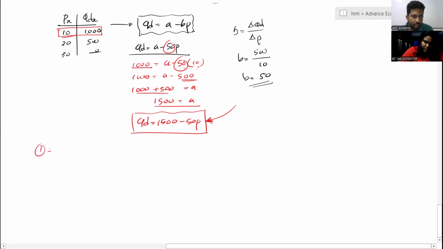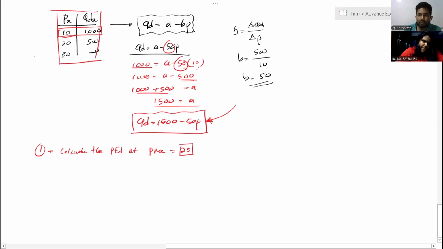Now in question number 1, they are asking to calculate the price elasticity of demand, PED, at price equal to 25. Now you can see that in the demand schedule, there is no price 25.